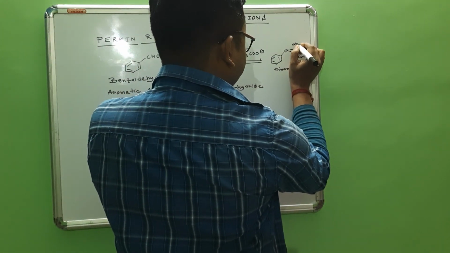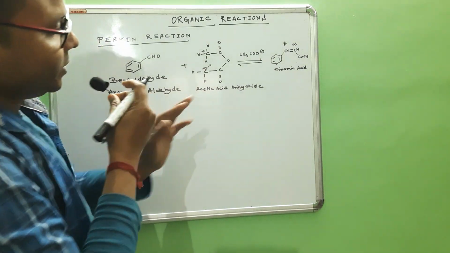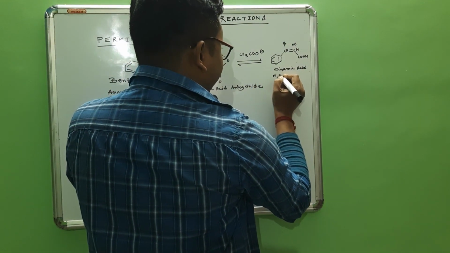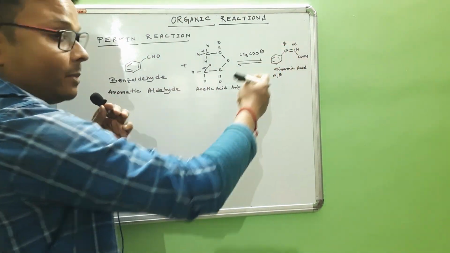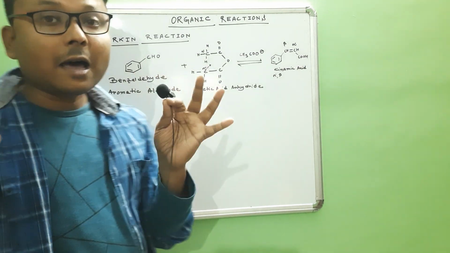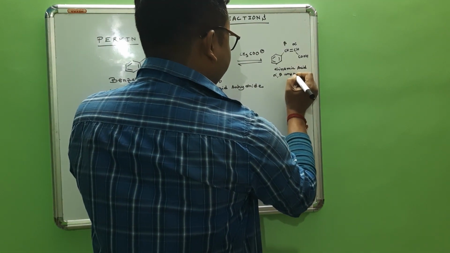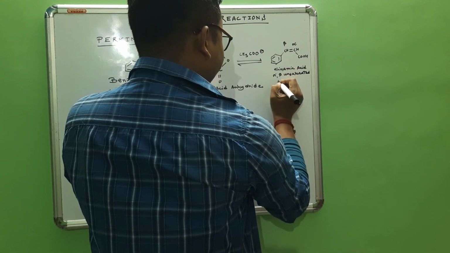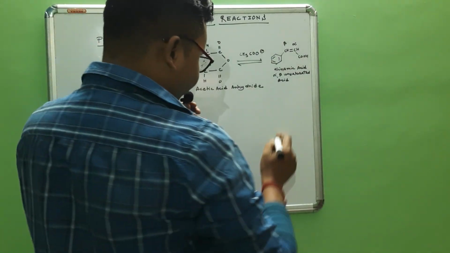This is the alpha carbon, and this is the beta carbon. There is an unsaturation between the alpha and beta carbon, so it is an alpha beta unsaturated acid. The double bond prevails between the alpha carbon and the beta carbon, so it is called an alpha beta unsaturated acid.